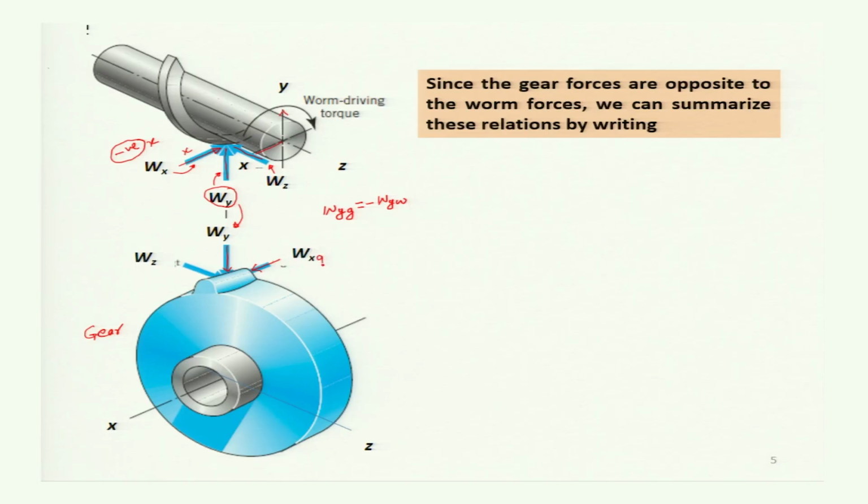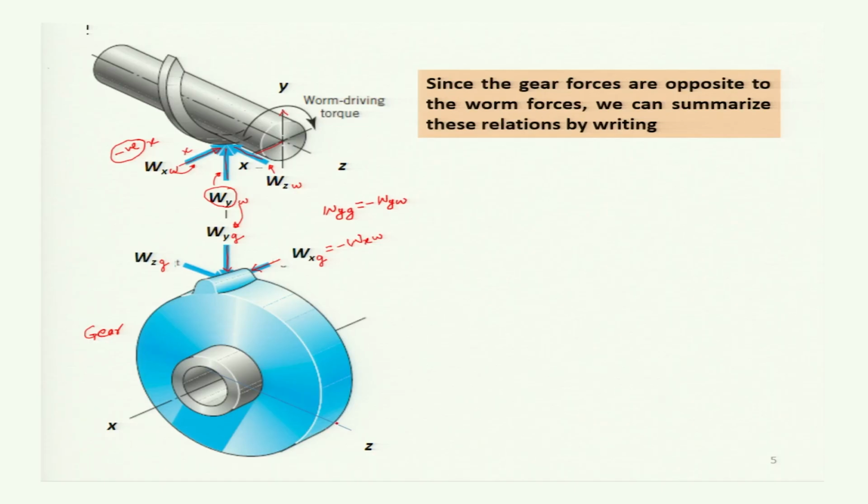So Wx on the worm is acting in the negative x direction, and on the gear the same force will act: Wx on the gear is equal to minus Wx on the worm.